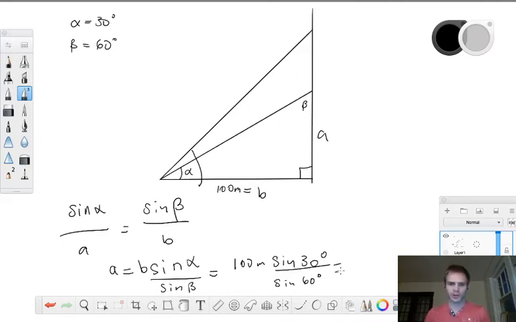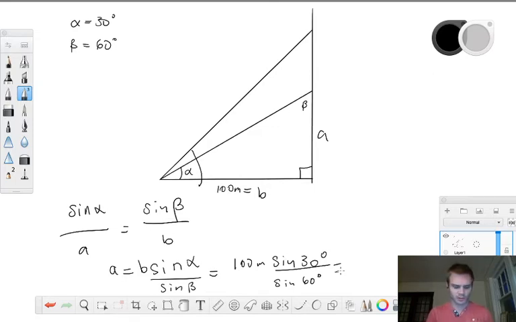So the sine of 30 is going to be 1/2 divided by the sine of 60, which is √3 over 2. So we're going to get √3 over 3, right?